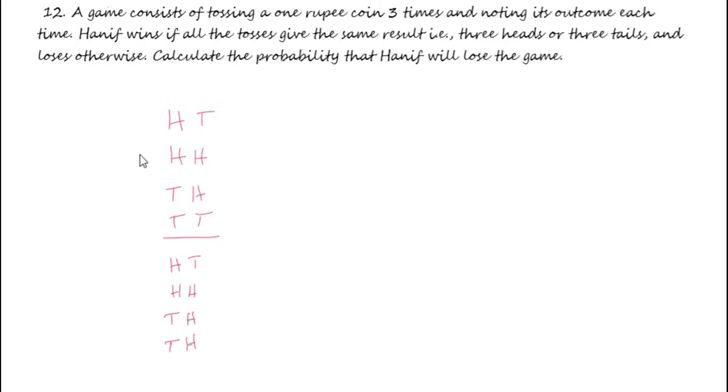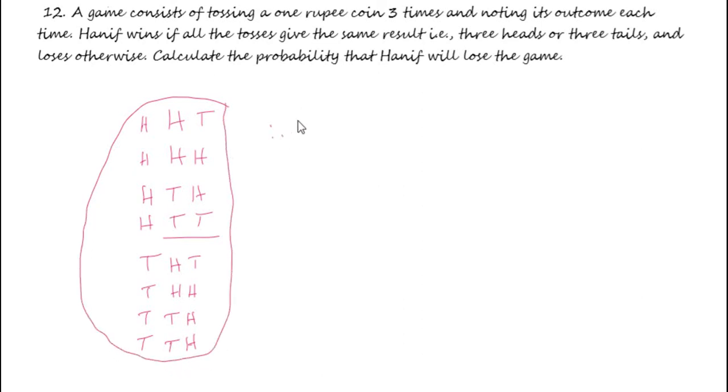Now in this case the first coin can be head. You put head everywhere. So when you toss 3 coins, the total possible outcomes are 8.